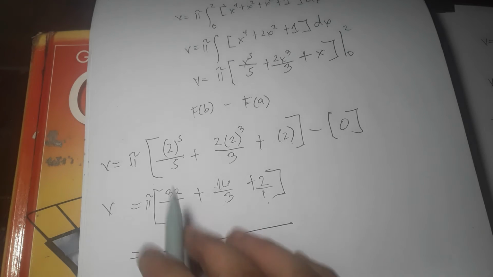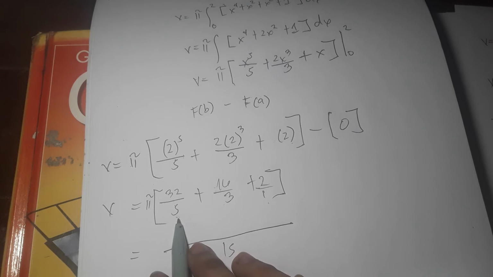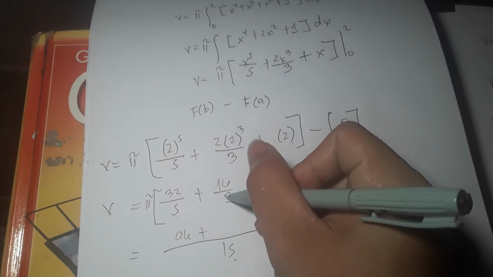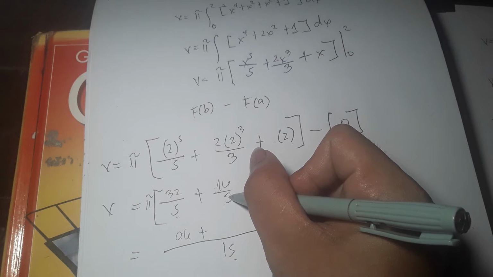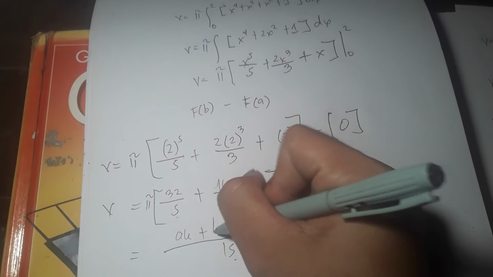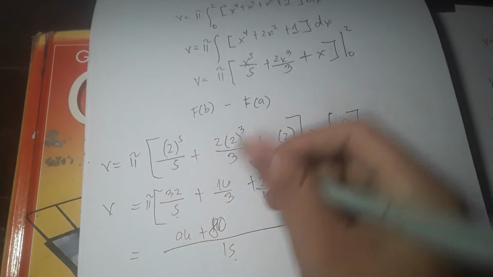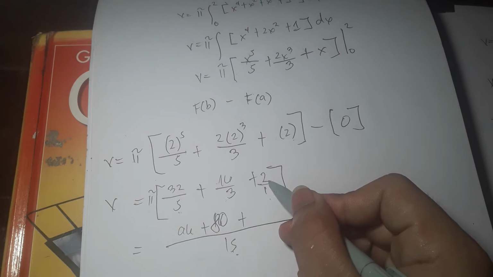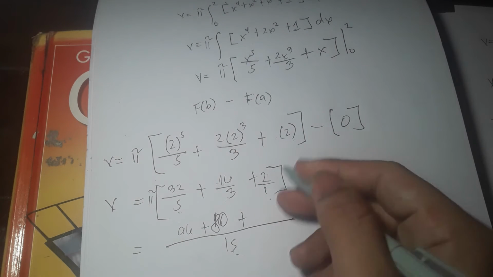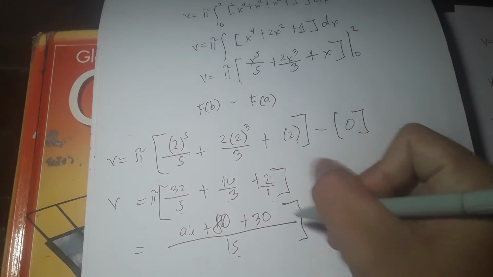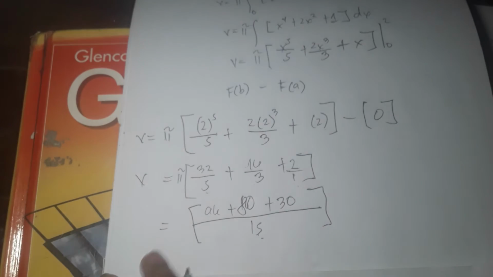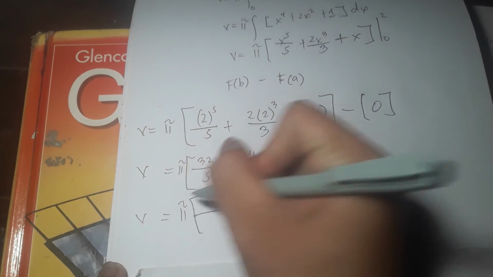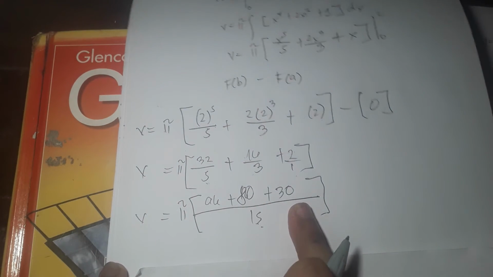So 15 divided by 5 is 3 times 32 is 96, plus 15 divided by 3 is equal to 5 times 16 is 80, and then plus 15 divided by 1 is equal to 15 times 2 is 30. So for now, our V is equal to pi times this function.